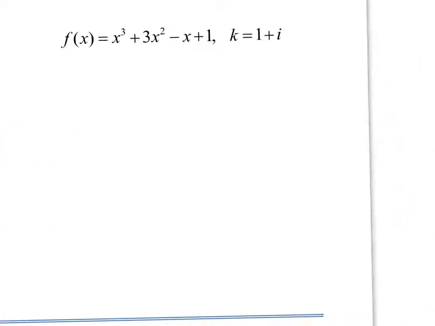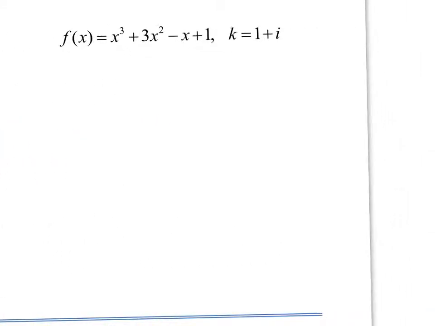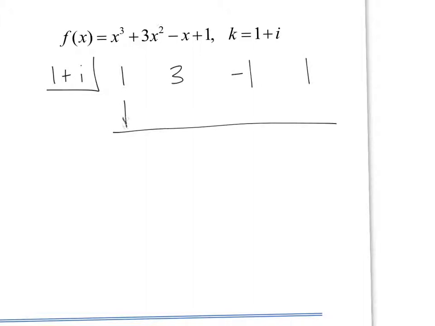1 left. Let's do the same thing. So it's asking me, is the value 1 plus i a 0? So I'm going to do 1, 3, -1, and 1. Same exact process. Bring down the 1 to start, multiply the 1 by 1 plus i. Only combine like terms, so you're adding.